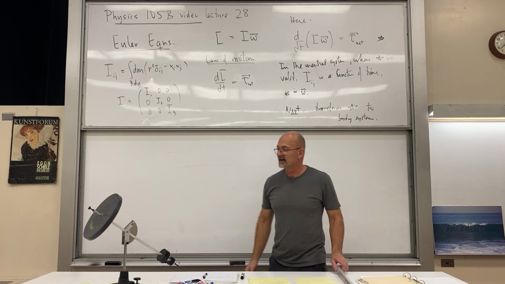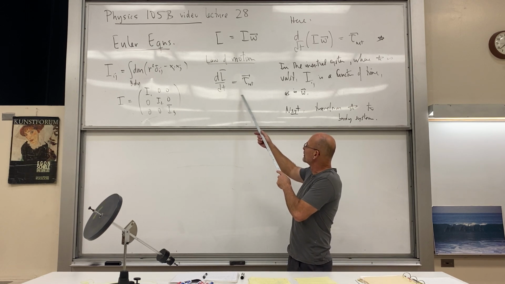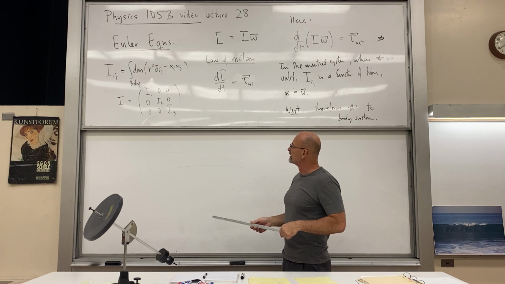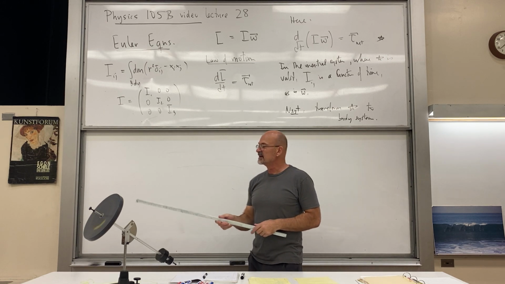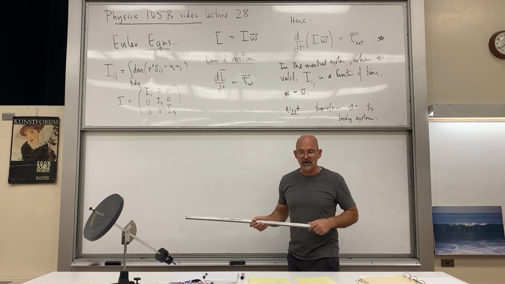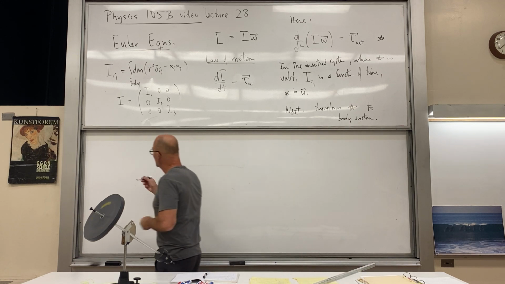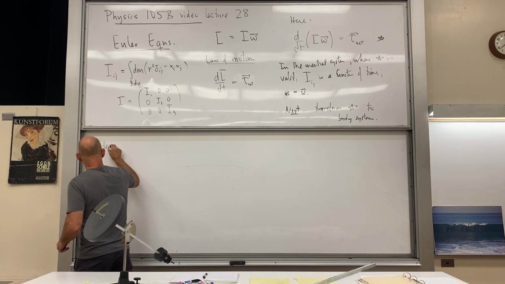So net external torque equals zero, L is equal to constant. And since we're along a symmetry axis, L and omega are parallel. Okay. So let's say a couple things about this gyroscope demo.